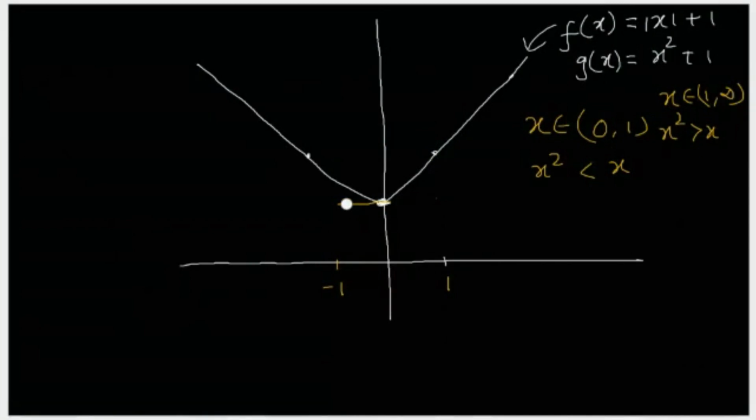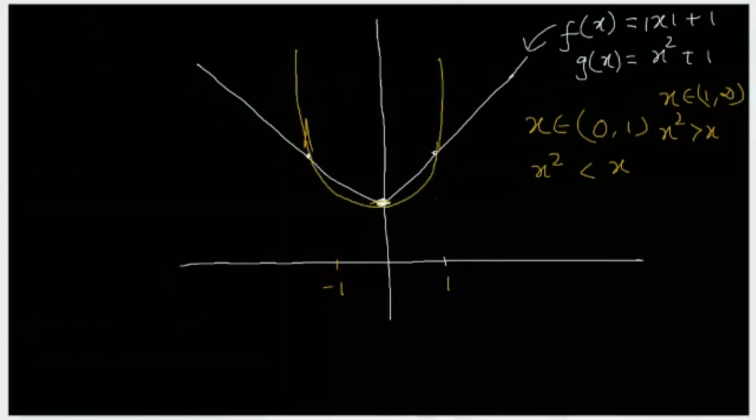At 1 it can just cross it, something like this. It looks like some exponential rise, but it's not the case. It will just have a quadratic rise.